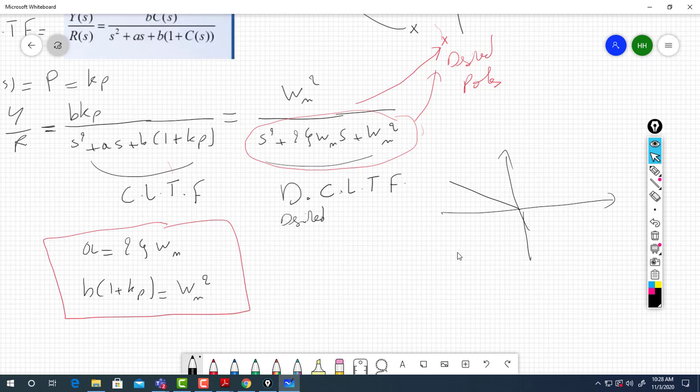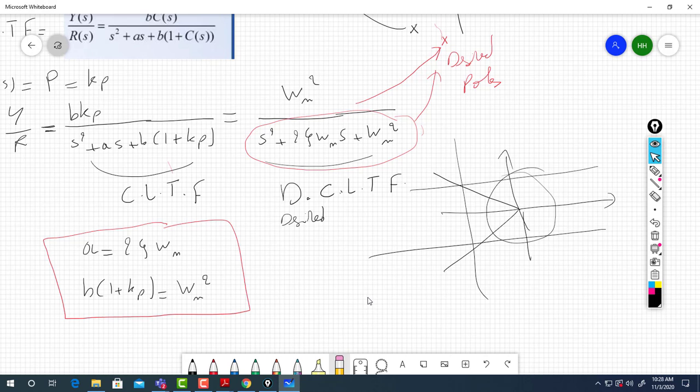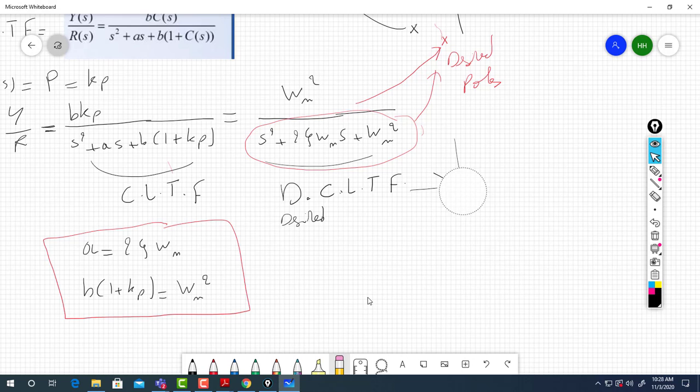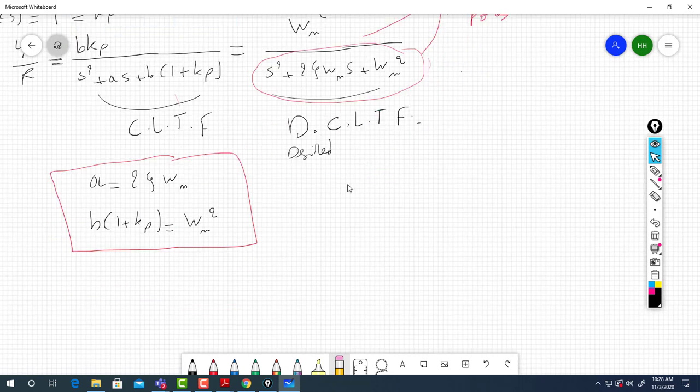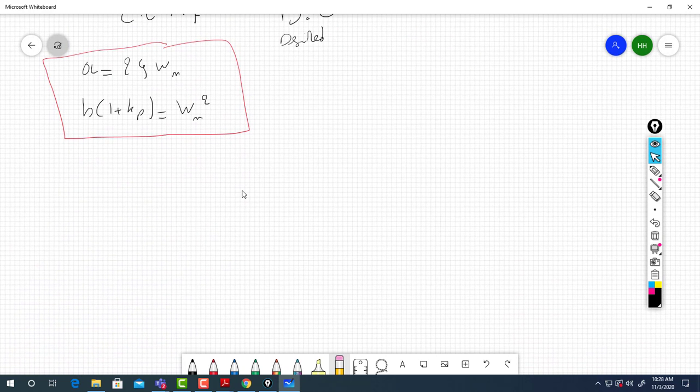You should know that this is zeta, this is omega n, this is omega d, and this is the settling time. Those are things that you need to always remember. We spent a lot of time on them at the beginning, right? But it's okay to remember them quickly.